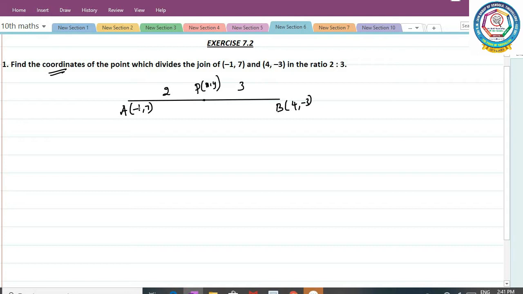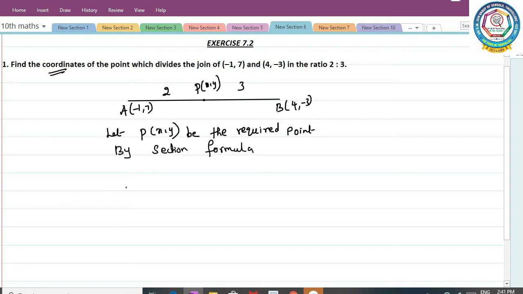So here the ratio is given, the coordinates are given. I am going to apply the section formula. Before that, you have to write: let P of (x, y) be the required point. By using the section formula, so what is the section formula?